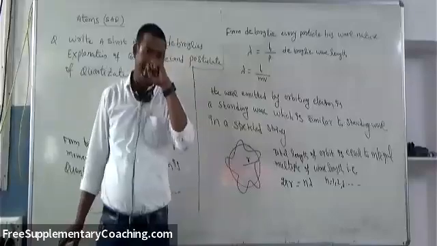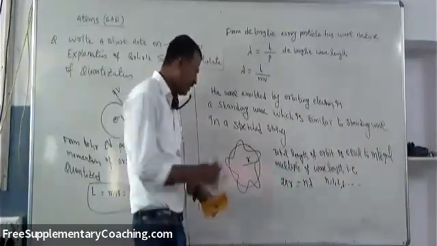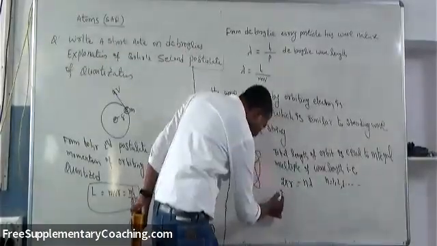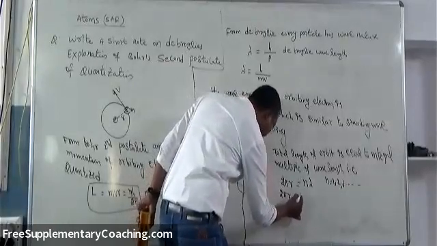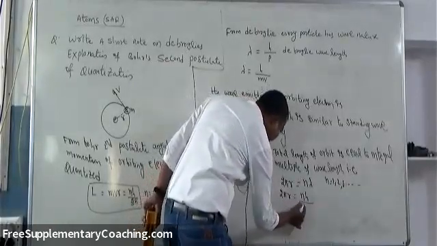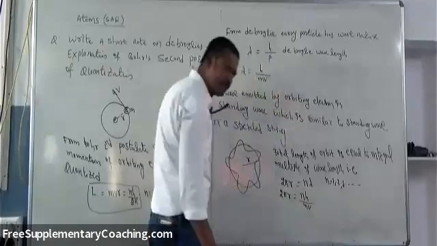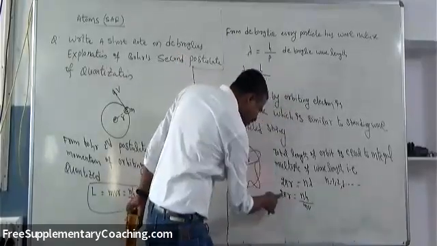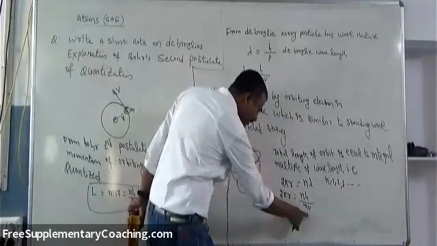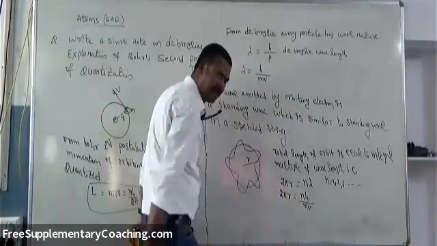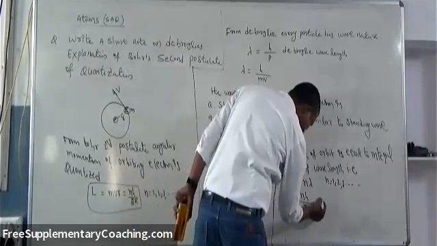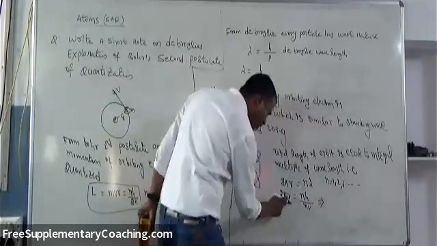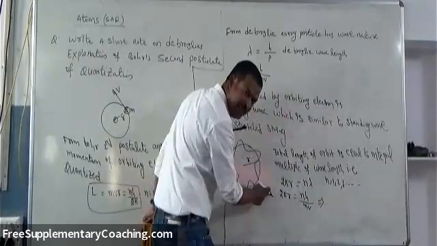So I replace lambda with h by mv: 2 pi r is equal to n into h by mv. From this, I will take mv to this side and 2 pi to that side.